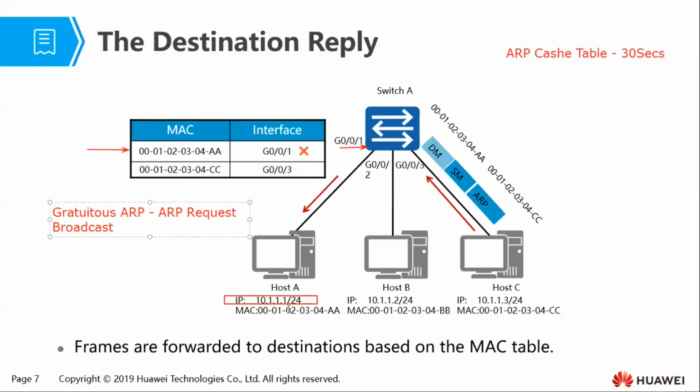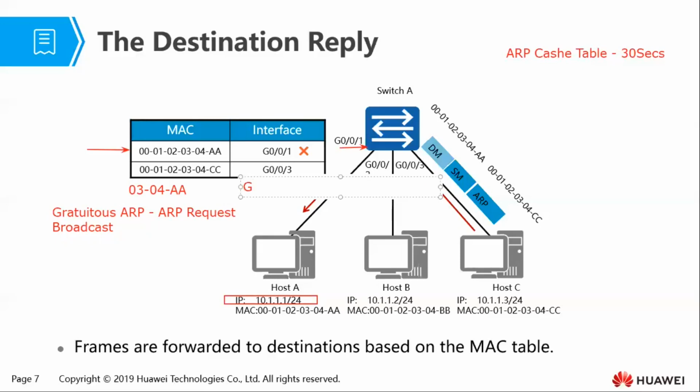if we have now connected host A to G0/0/4, once it sends that gratuitous ARP, then its MAC address, allow me just to enter the last 3 bits of that, will be updated in the table together with the new interface via which it has been connected to.